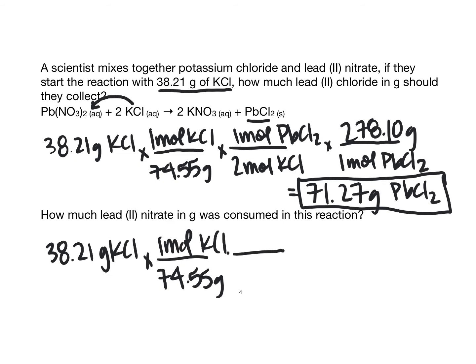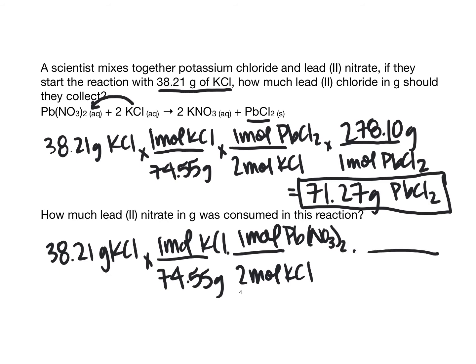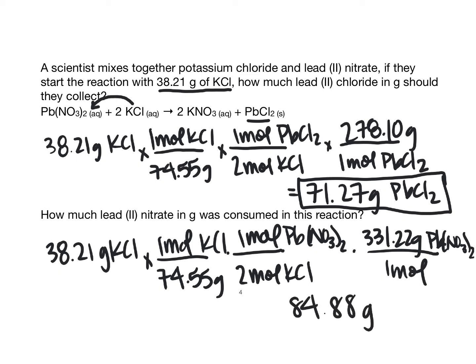And there's 2 moles of KCl for every 1 mole of Pb(NO3)2. And the molar mass of lead 2 nitrate is 331.22 grams in 1 mole. And so the amount consumed is 84.88 grams of Pb(NO3)2.